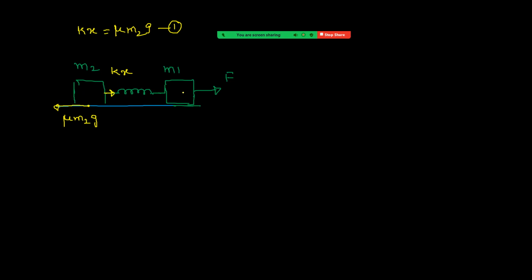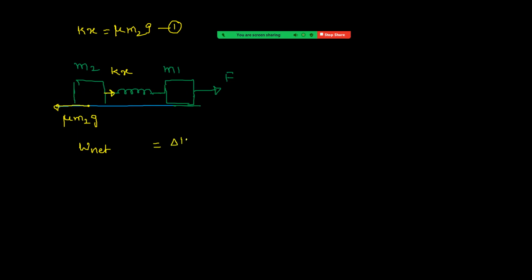That means initially the speed was 0, and finally also speed 0. That means delta K is 0 for this block. So we can take the work energy theorem for this block. I'm writing here the work energy theorem for block M1.